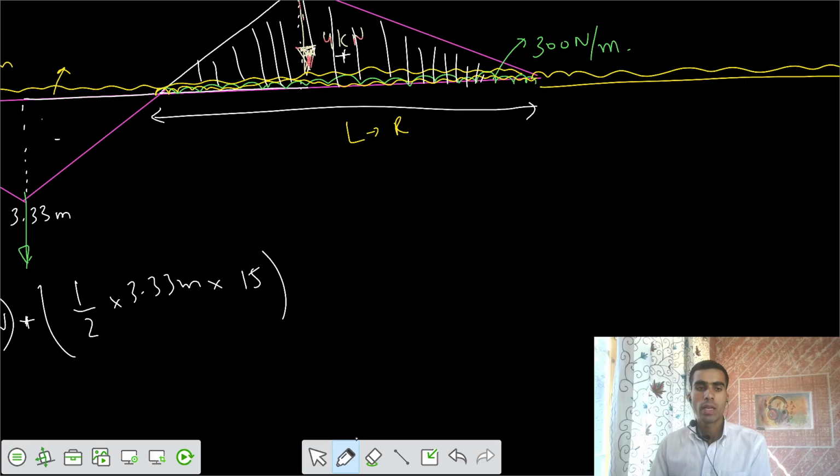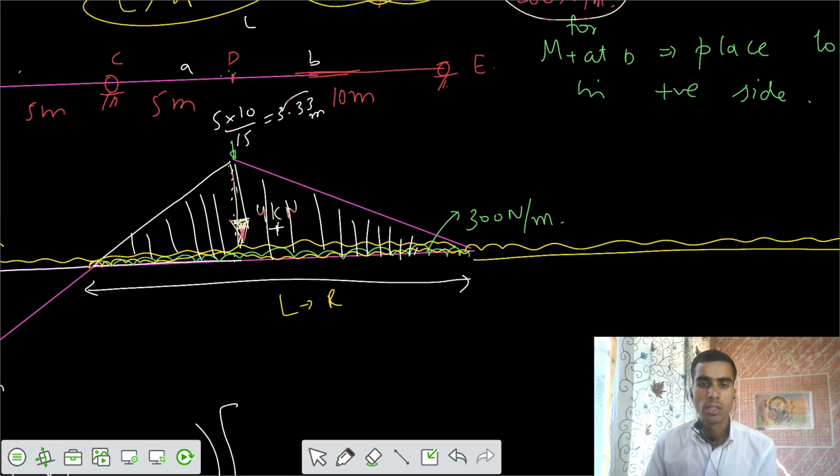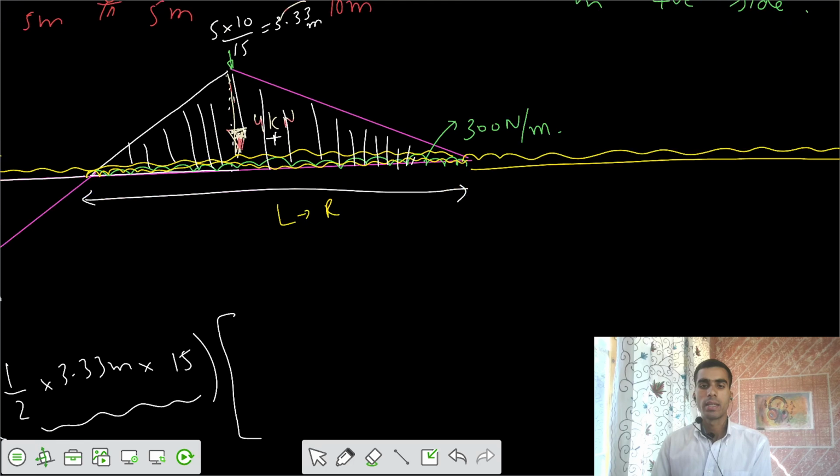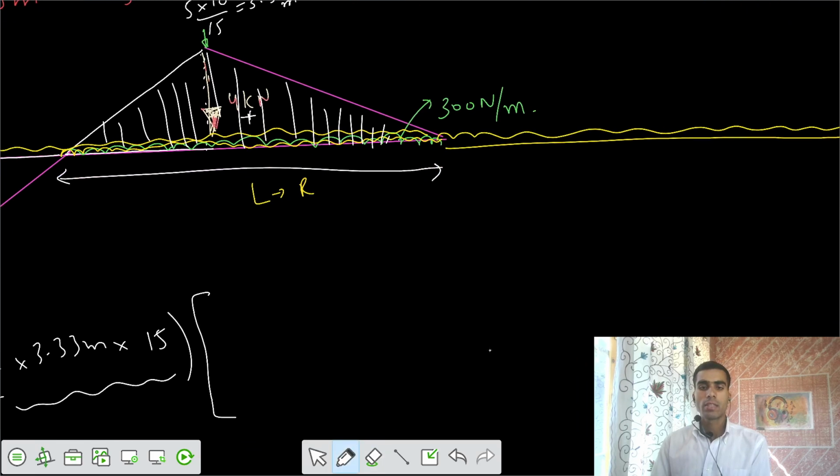And on this loading, this is the area of the ILD between these 2 points, and I want to see what intensity we can have here. We have two UDLs acting here. One is your self weight, and the next one is the moving load. One has an intensity of 300 Newton per meter, the next has an intensity of 200 Newton per meter.